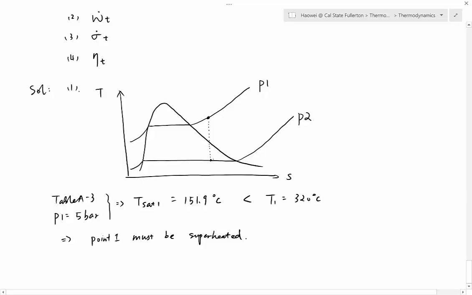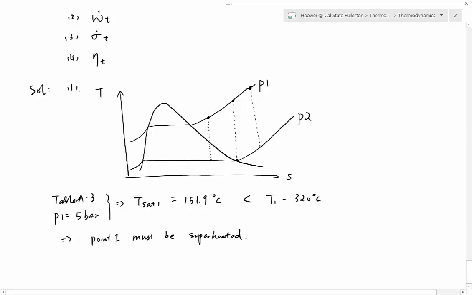Option number 2, can I put number 1 here so that when you go straight down, number 2s will be the G point? Does it satisfy the requirement for point number 1 to be superheated? It does. Or can I put number 1 further to the right here? And then when I sketch 1 to 2s, go straight down.